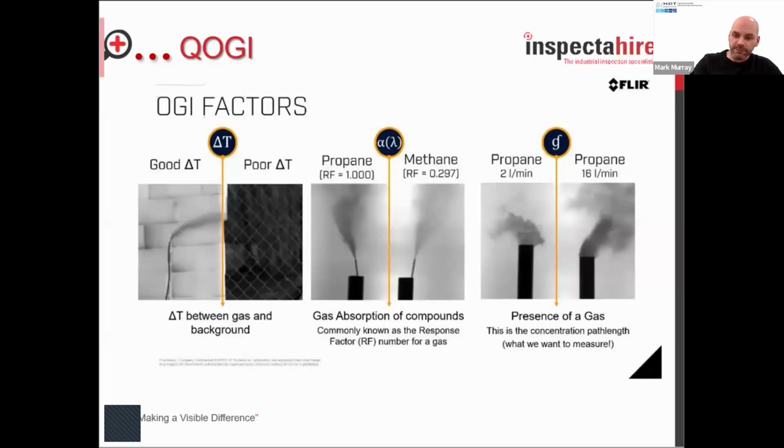The response factor: you see, the propane here is darker, and it's because it has a higher absorption factor within the camera filter. But in actual fact, it's the same size of leak as the methane. So it looks worse than it is. So by quantifying, we can get some more accurate results. And of course, the presence of gas concentration within the same response factor. So the better the response you'll get.